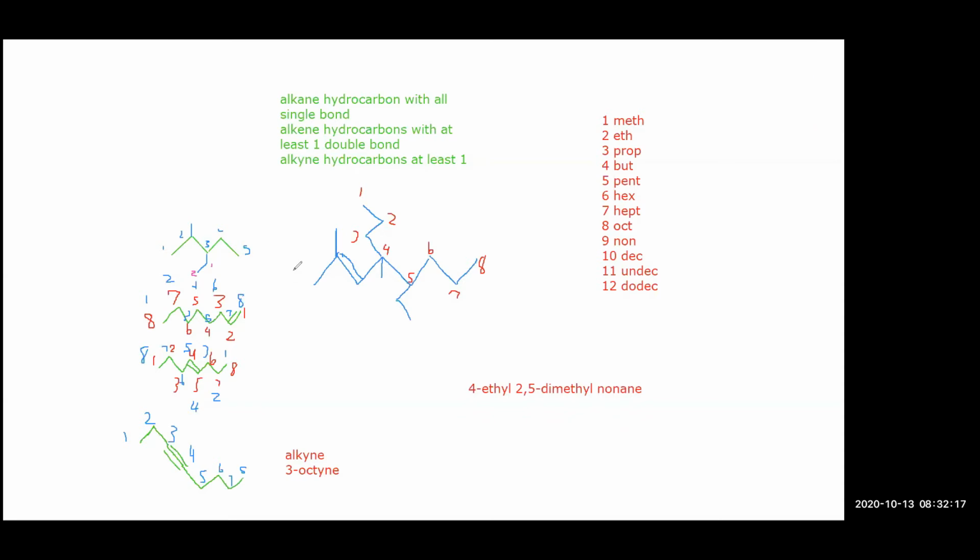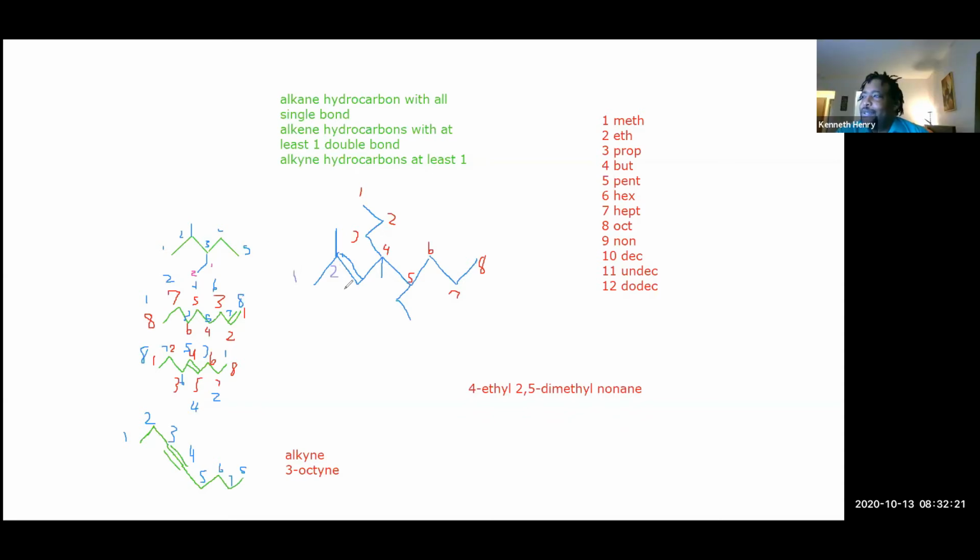And again, I counted a different route and still got 8. 1, 2, 3, 4, 5, 6, 7, 8. Okay, so it's 8, 8.